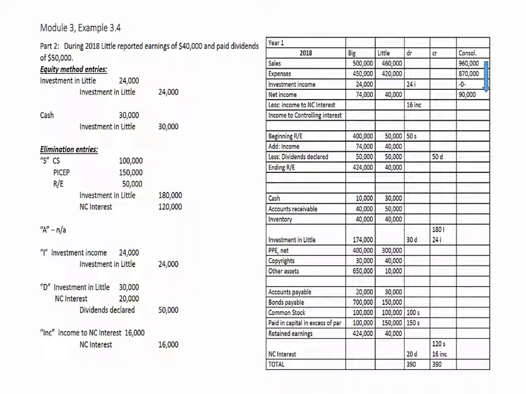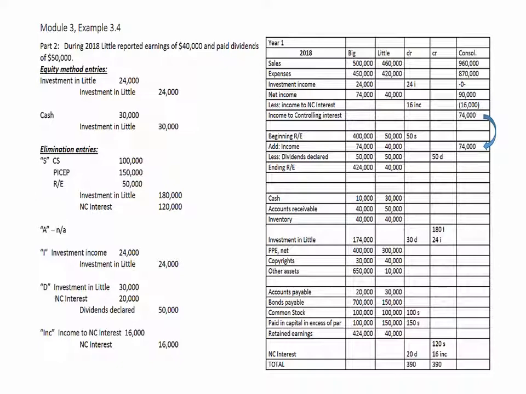So the income to the non-controlling interest is simply an allocation. We're saying, look, of that $90,000 of combined earnings, $16,000 accrues to these other people, leaving $74,000 for the controlling shareholders, or the income to the controlling interest.